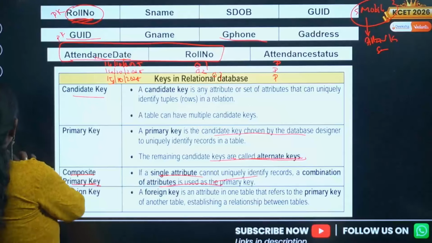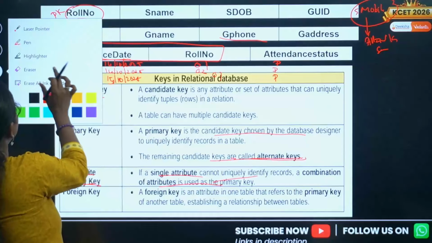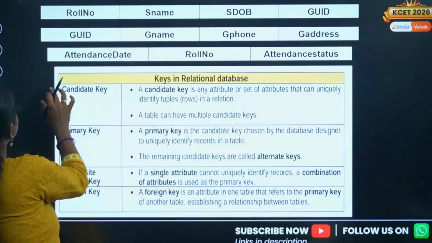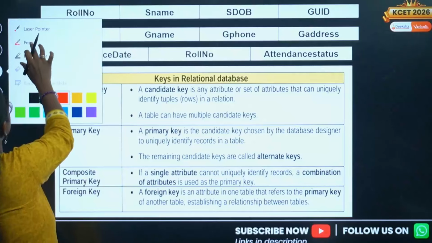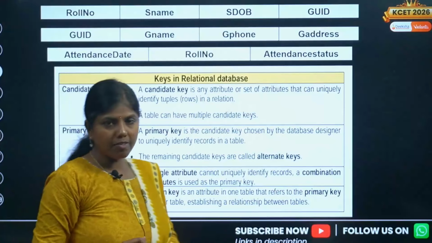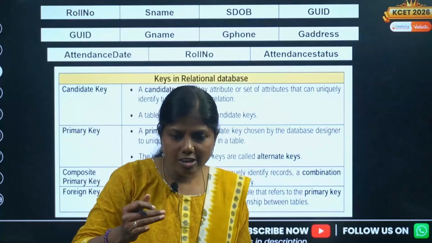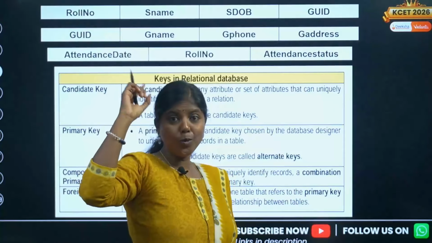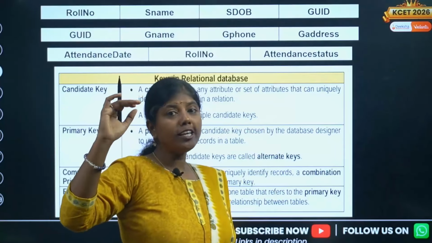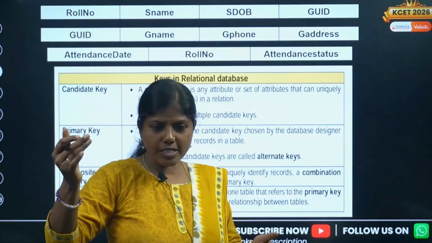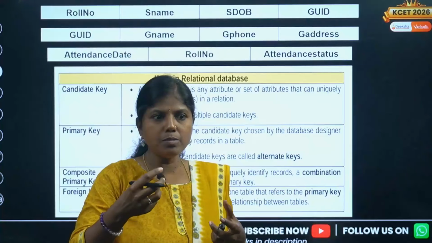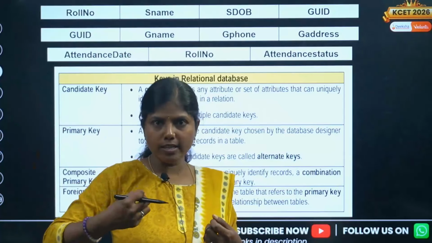Next is going to be the foreign key. What is a foreign key? A foreign key is used to establish a relation between two tables. I told you in the file system there is no linking, no mapping. There should be some relationship between the tables, so that with one table I can access the other table also.